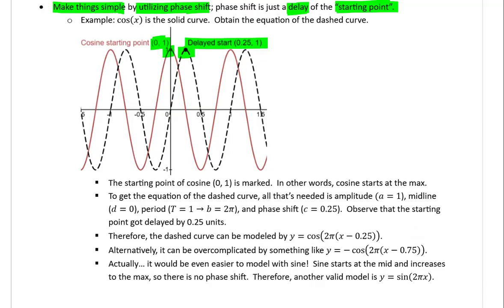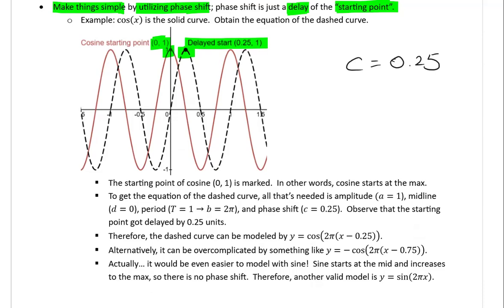So that's the phase shift. So our, let me get my pen. Our c would be 0.25. It got delayed by 0.25, or it got shifted to the right by 0.25, yeah? Now, how do we get the period? It's just period is how long it takes for it to repeat itself.